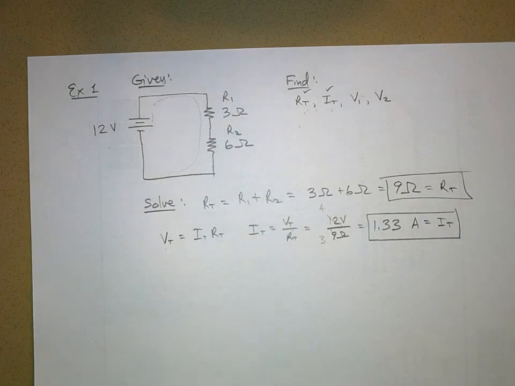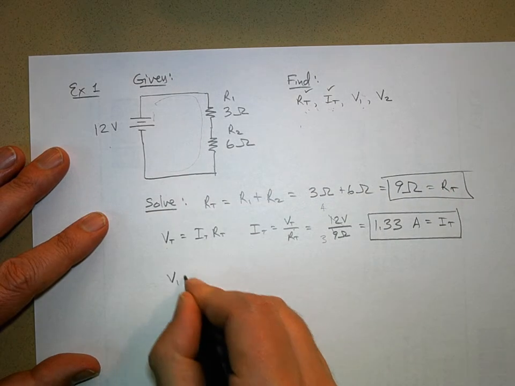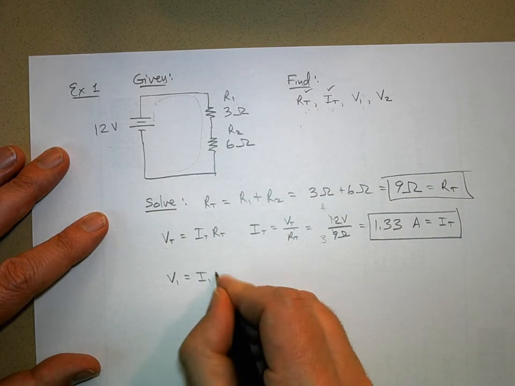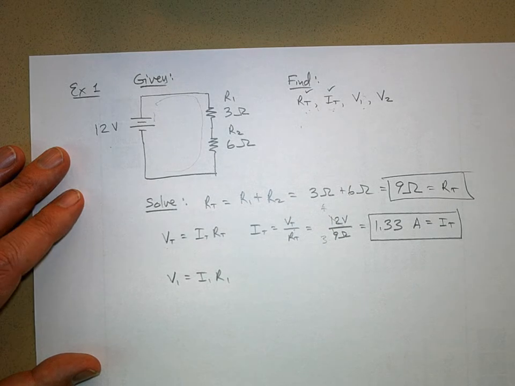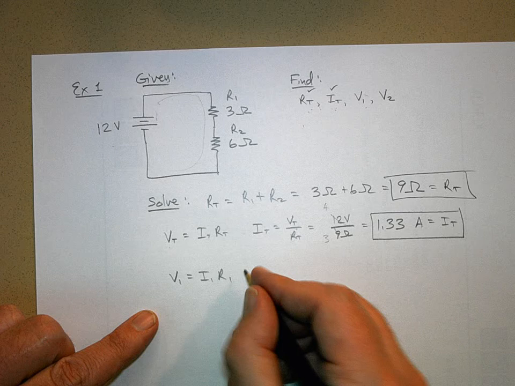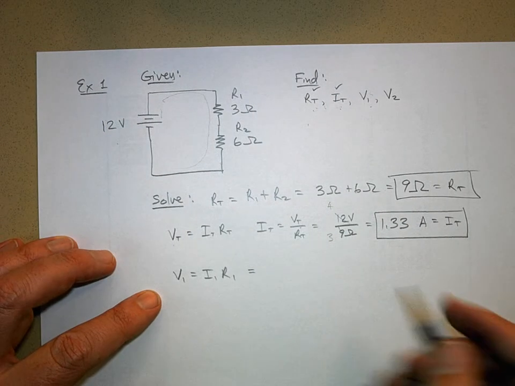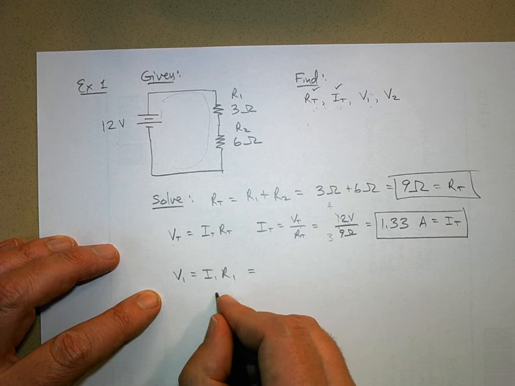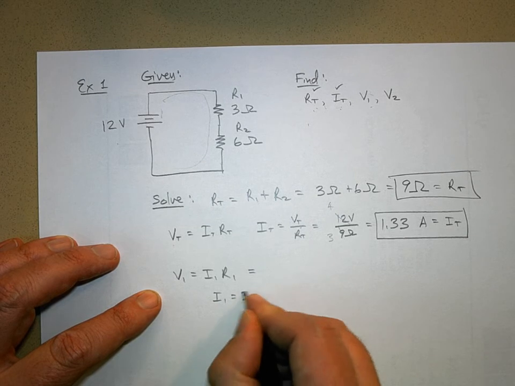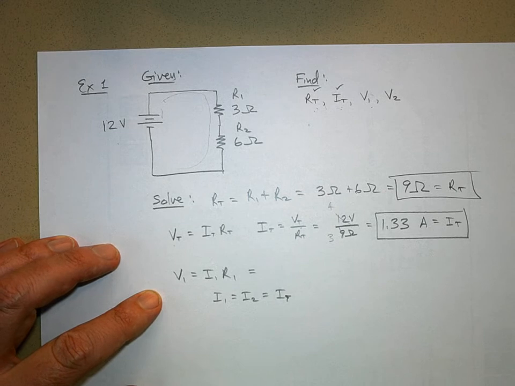Now, what's the voltage through 1? Well, V1 equals I1 times R1. And I know what I1 is, because what's true about the current? I know that I1 equals I2 equals the total current, because this is a series circuit.